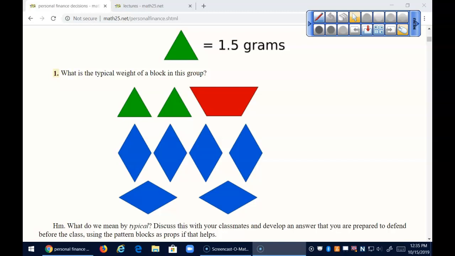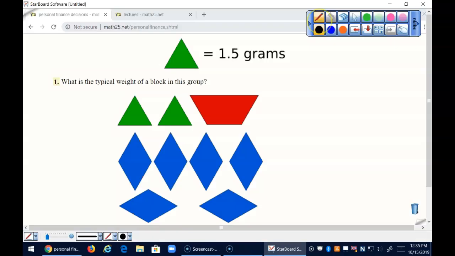So Trisha is saying that in her mind, these guys are just too small to be typical. They don't count. And this one is too big to be typical. So the ones that are left must be the typical ones, and they are 2, so it makes a 3 gram total. Okay, that is a good defensible line of reasoning.